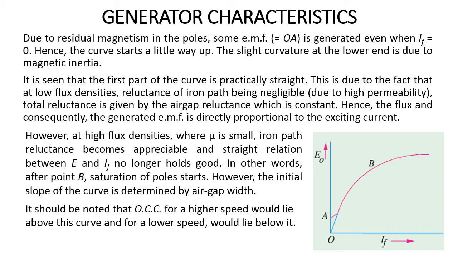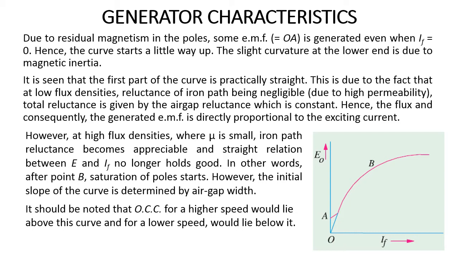The slight curvature at the lower end is due to magnetic inertia. It is seen that the first part of the curve is practically straight. This is due to the fact that at low flux densities, reluctance of the iron path being negligible, total reluctance is given by the air gap reluctance which is constant. Hence the flux and consequently the generated EMF is directly proportional to the exciting current.